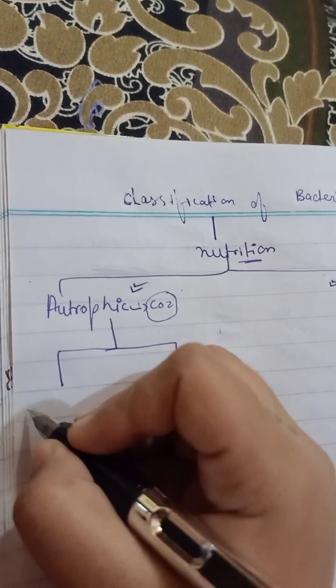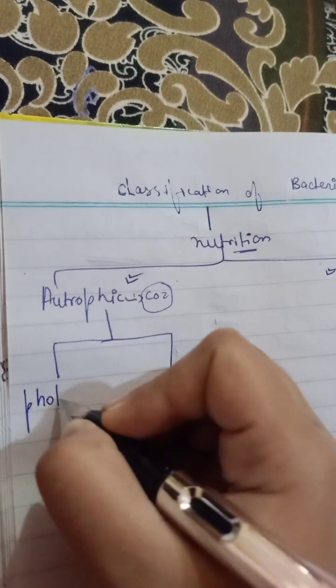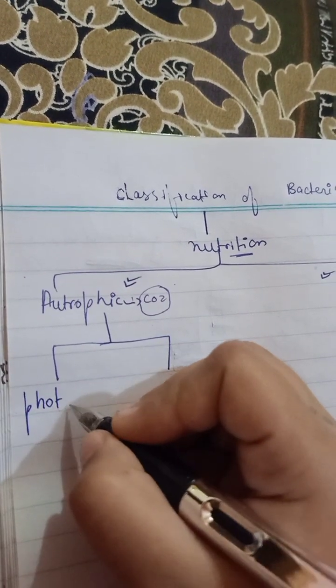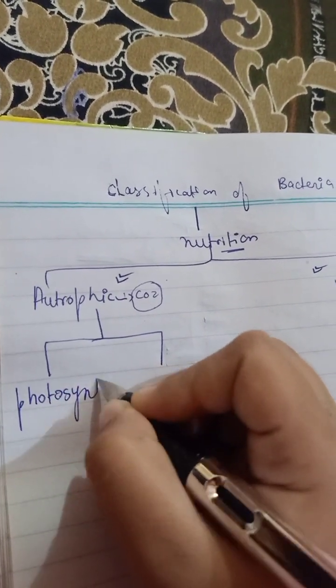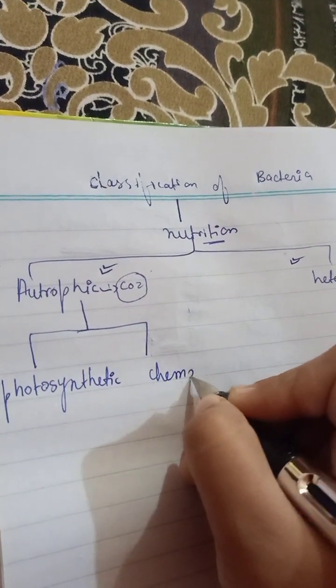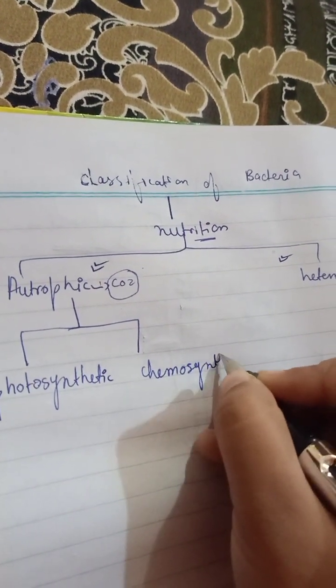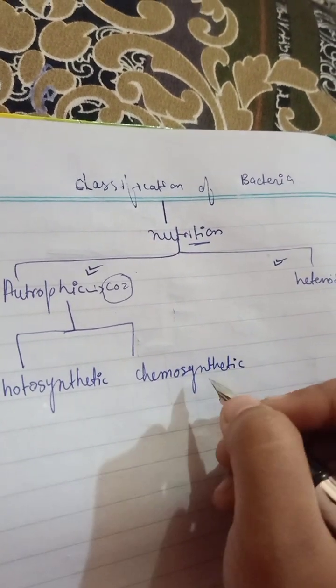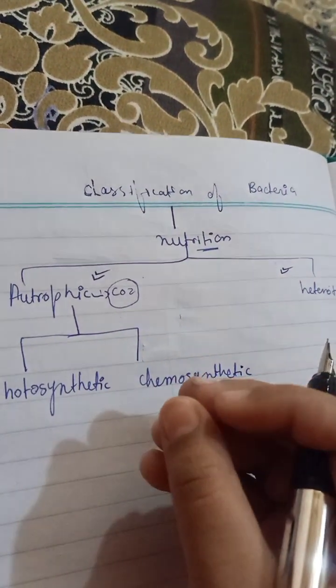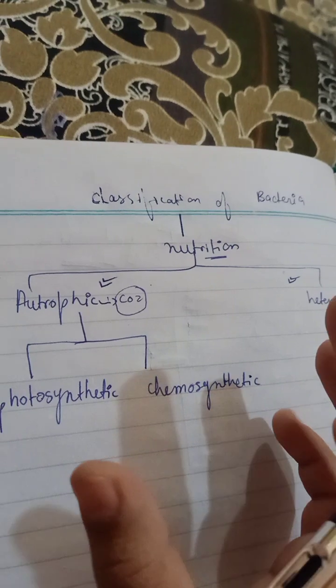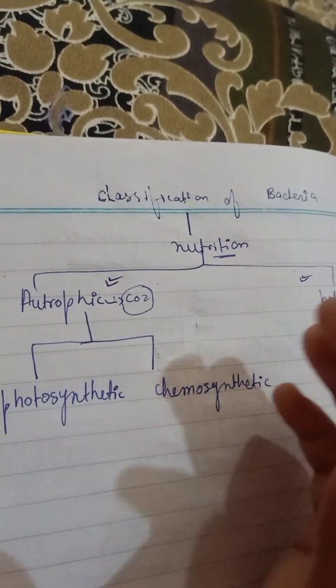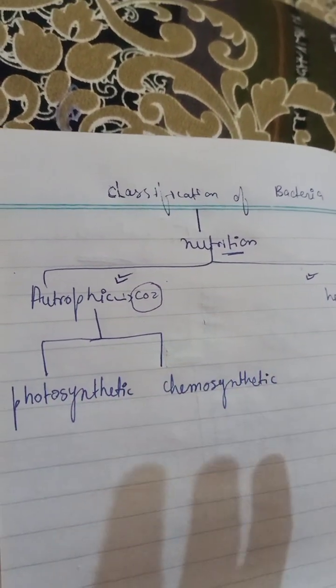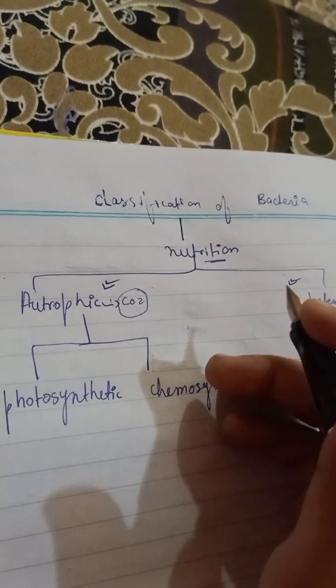The first one is the photosynthetic autotrophs, and the second one is the chemosynthetic, or chemoautotrophs.